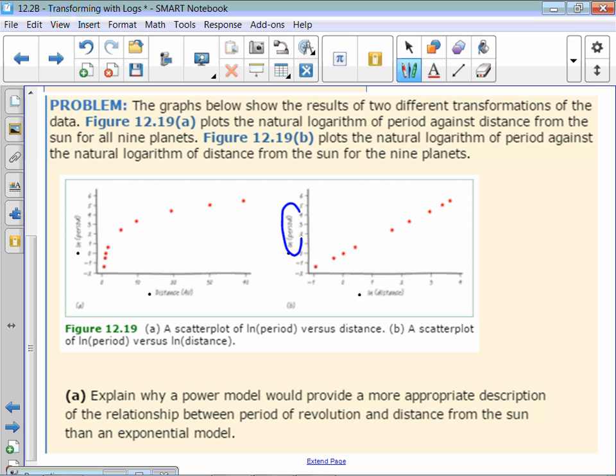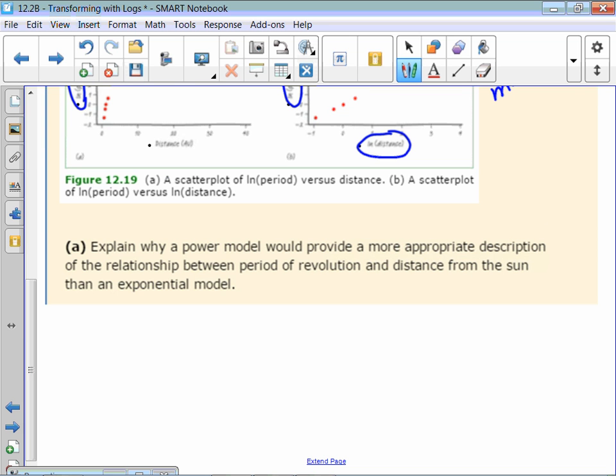So where you took the log of both, that would be a power model that is a better fit. This one we only did the ln of the output, this stayed the same, and so this is an exponential model. So why is a power model more appropriate? Because we have a more linear graph when we take the ln of both the input and the output.